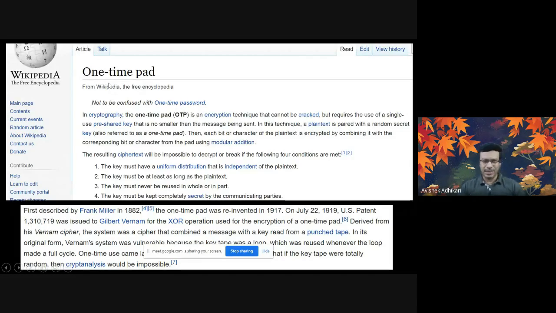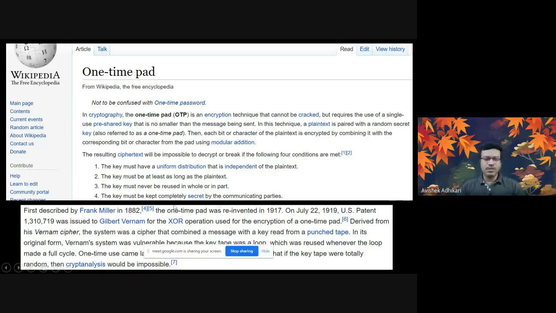It says don't confuse it with one-time password. Though both of them are OTP, this is the one-time pad, but what we now use as OTP is the one-time password. So both things are not the same. Okay.